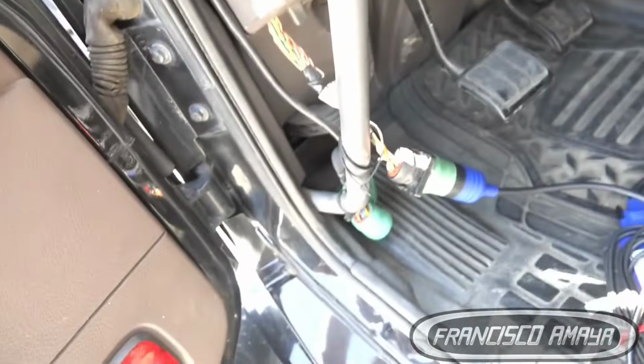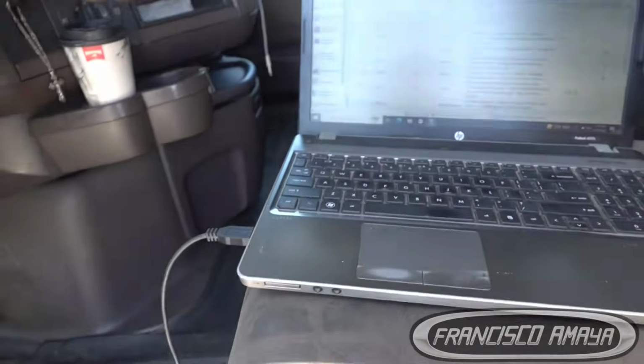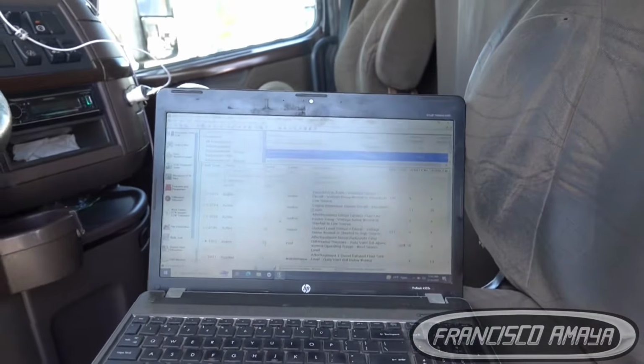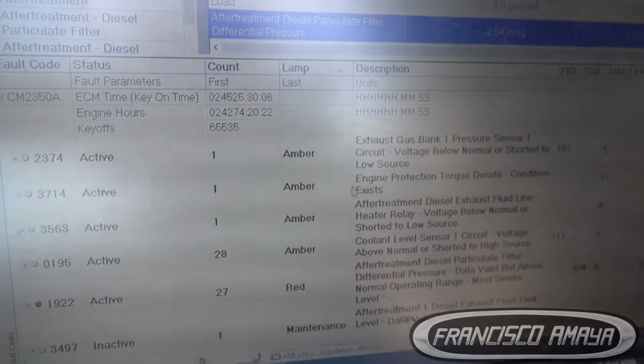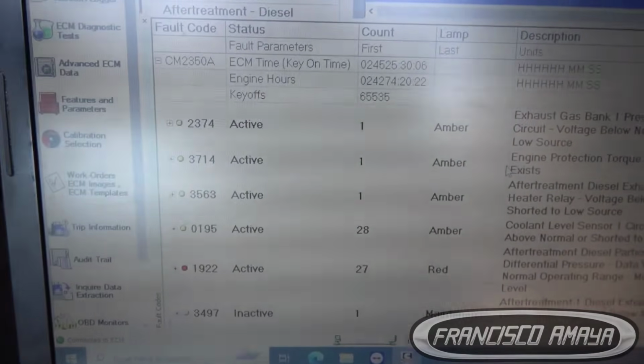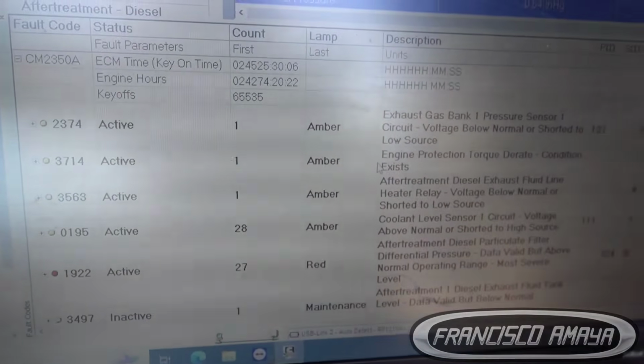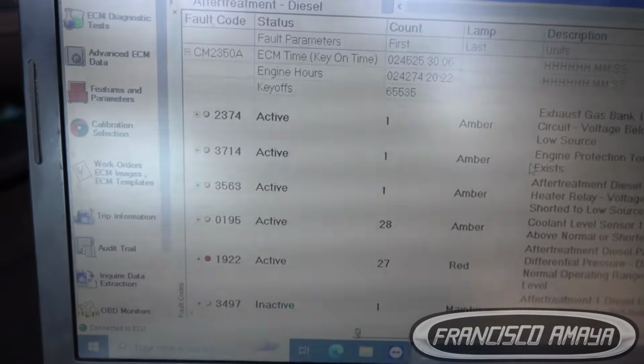I already have the computer hooked up to the diagnostic system, and we are going to see the fault codes right here. We have a couple of fault codes. The first one is related to the exhaust gas pressure. The second one is about the torque derate.